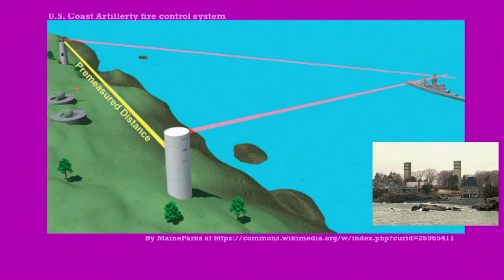I found this example of how the military used to locate ships out at sea in World War I and World War II times. They had two towers positioned on the shore, and they had a pre-measured distance between those two towers. So they knew that that length was fixed. And then when they sighted a ship out at sea, from each tower they measured the angle between the ship and the other tower.